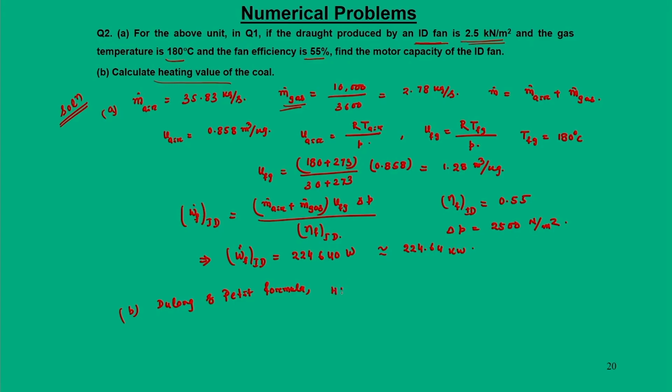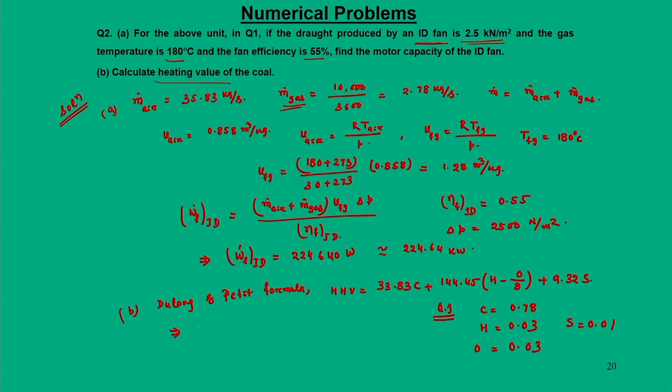So, you can recall this HHV as 33.83 C plus 144.45 into (H minus O by 8) plus 9.32 S. So, from question 1 we get the data as C is equal to 0.78, H is equal to 0.03, O is equal to 0.03, S is equal to 0.01.